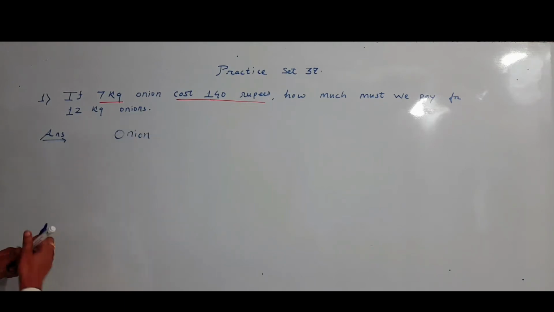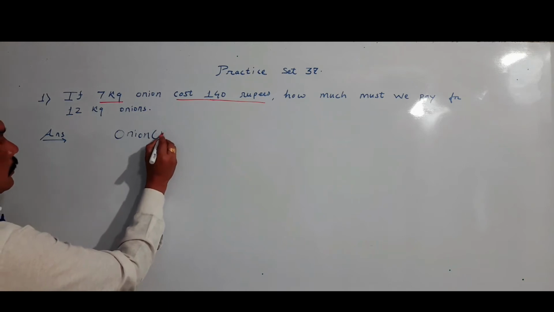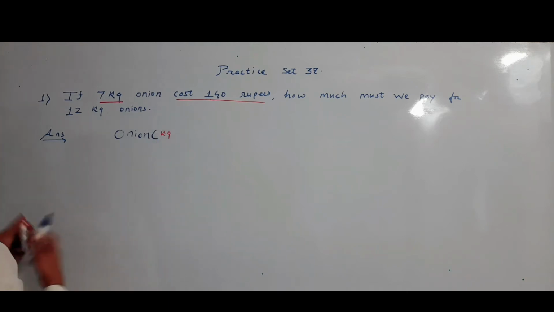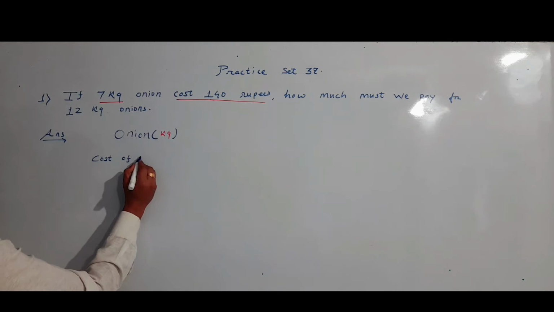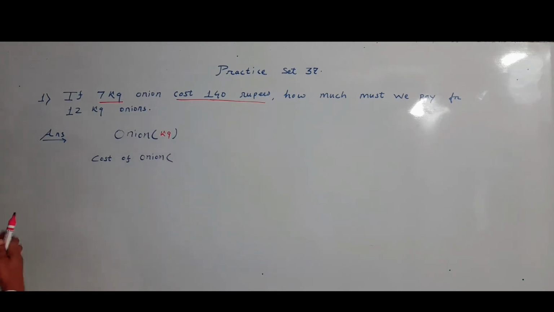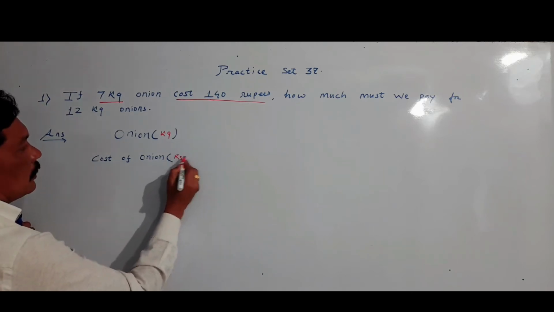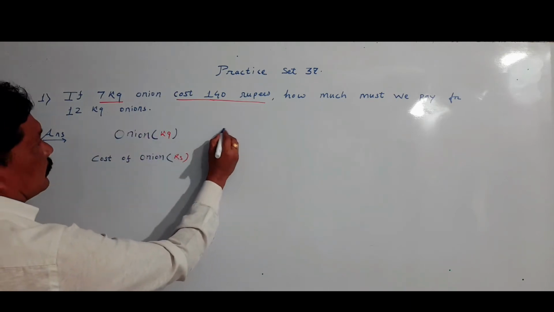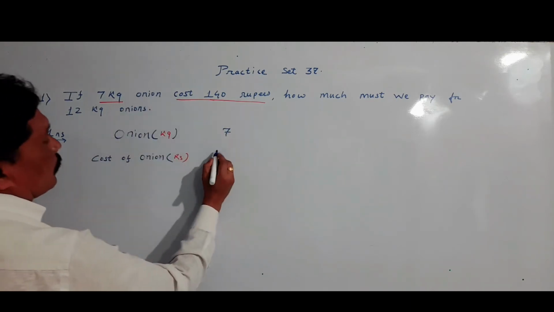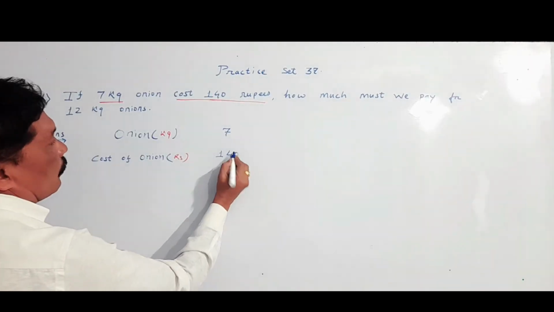Onion is given in kg, cost of onion in rupees. 7 kg onion cost 140 rupees.